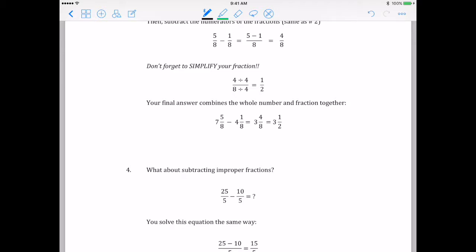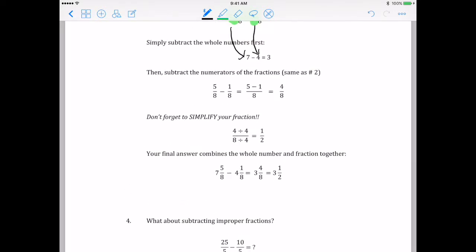So 7 5/8 minus 4 1/8 equals 3 and 4/8. When you simplify 4/8, you get 1/2.